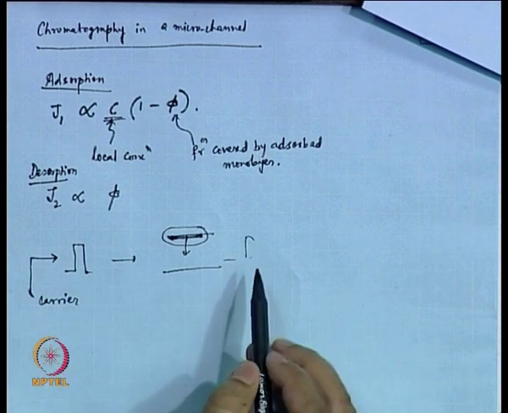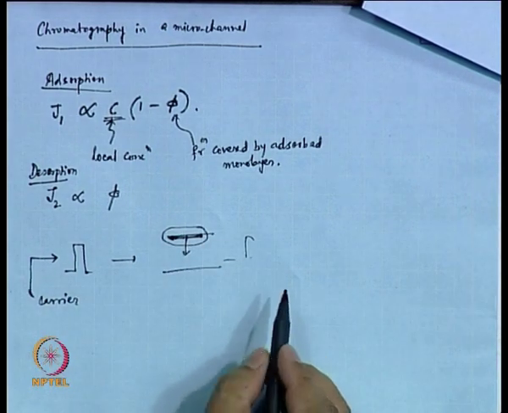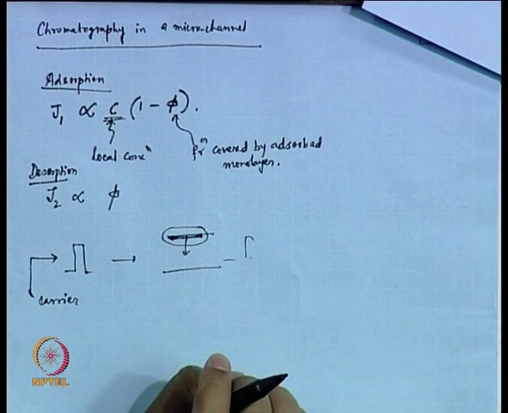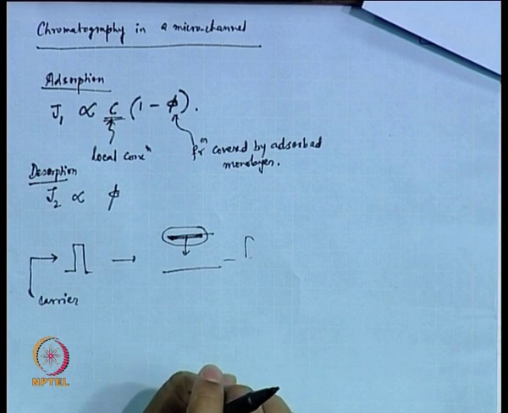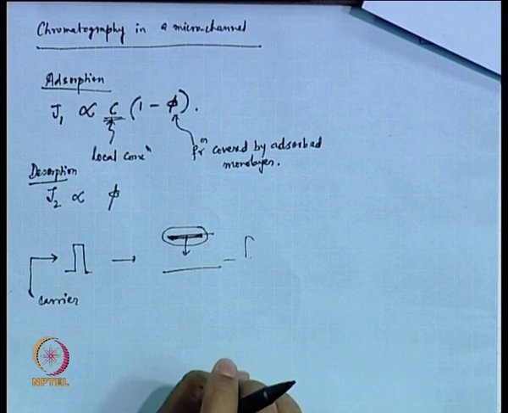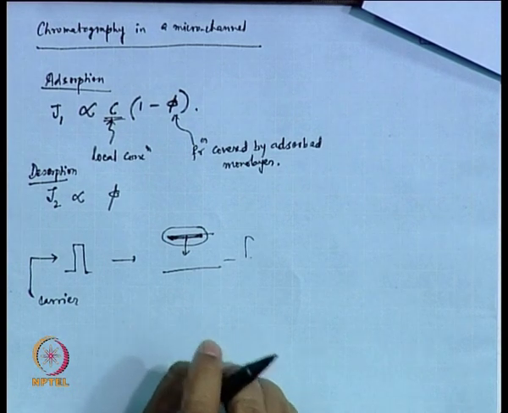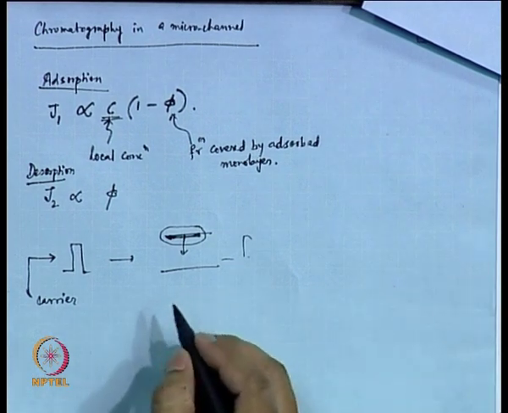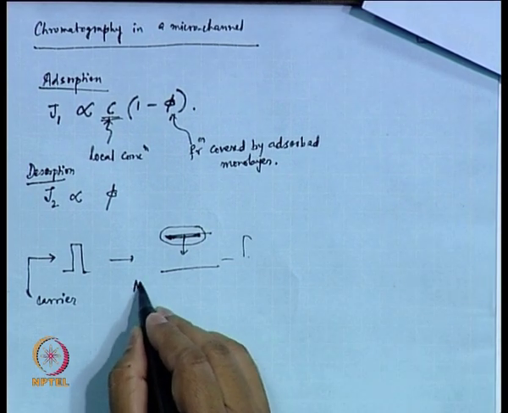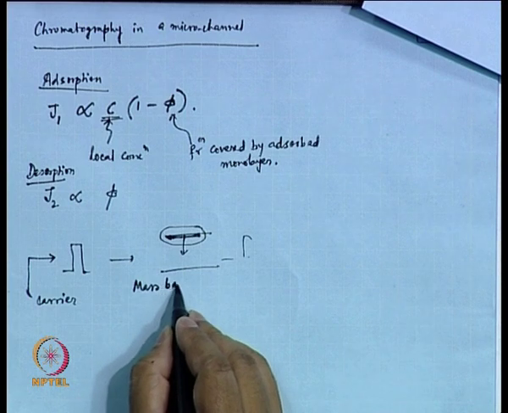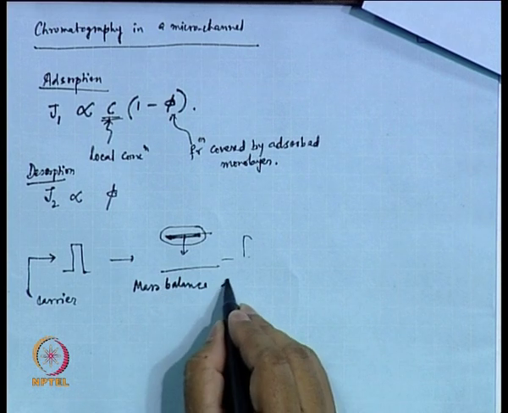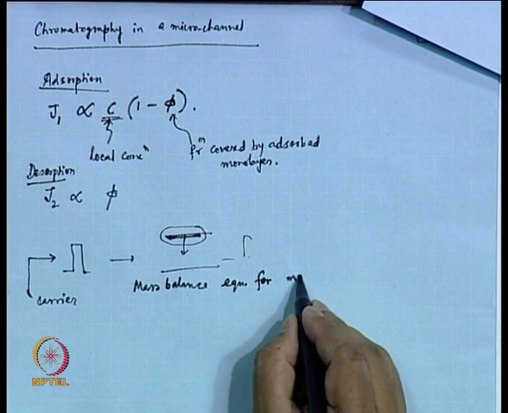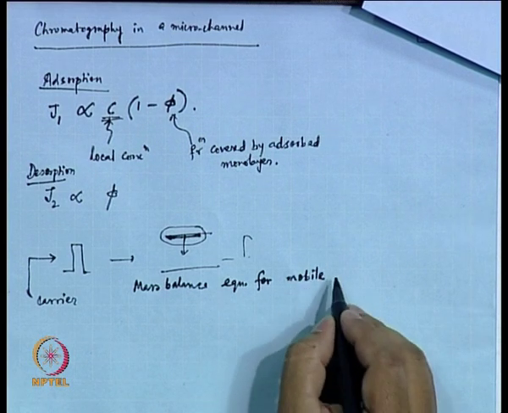Now, I said that here also you are resorting to a very thin channel, and so you would have a very similar mass balance equation as you had in the case of Taylor dispersion. If you write the mass balance equation for the mobile phase, what is the stationary phase? That solid adsorbent.